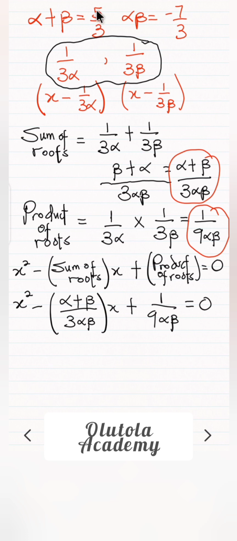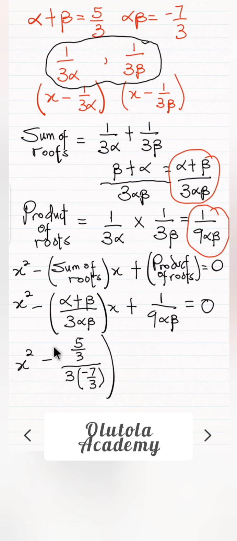Now recall that we have already gotten our alpha plus beta to be 5 over 3. So I come here, I have x squared minus 5 over 3 all over 3 into minus 7 over 3.